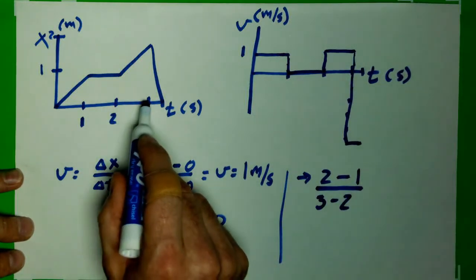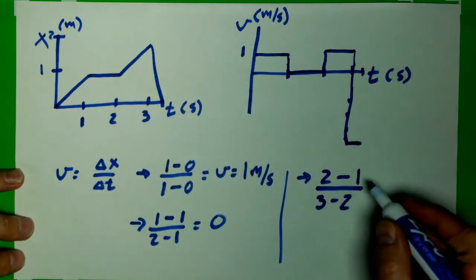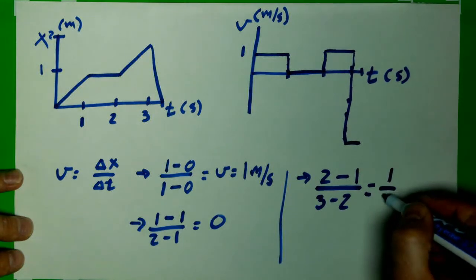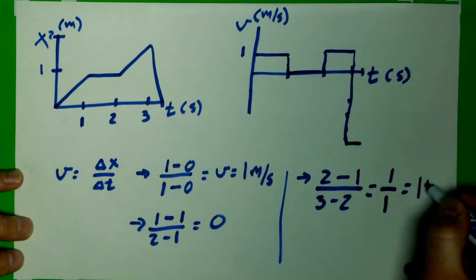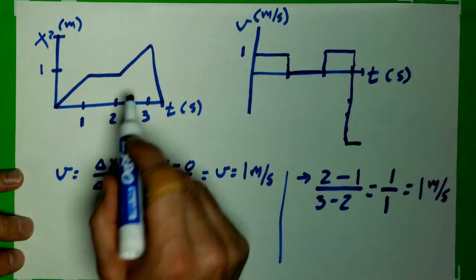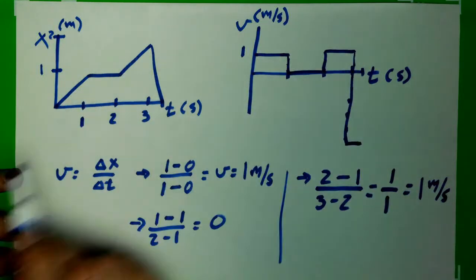So for this portion of uniform motion, that's still going to be a rise of 1 over a run of 1, which gives us 1 meter per second. So even though it was higher up and further along, it's the slope that matters, not where it's at. So we get the same value here.